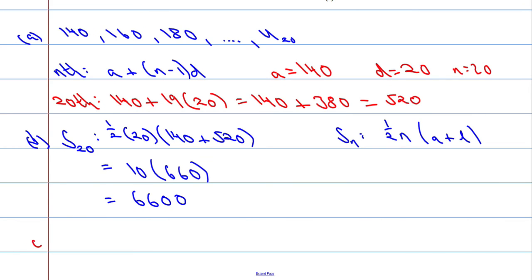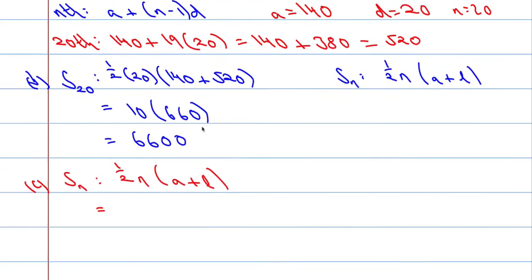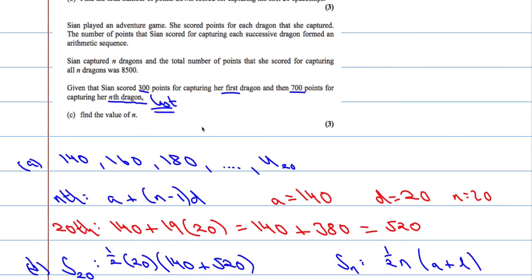So what we're going to do is use this formula again, remembering that S of n equals half n times A plus L. Now, we know what A is, and we know what L is, and we're looking to calculate n.